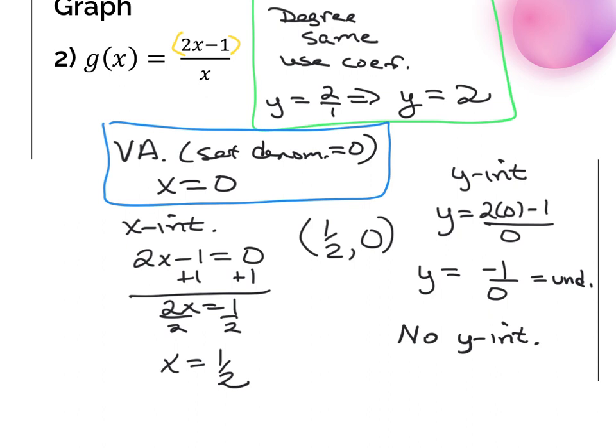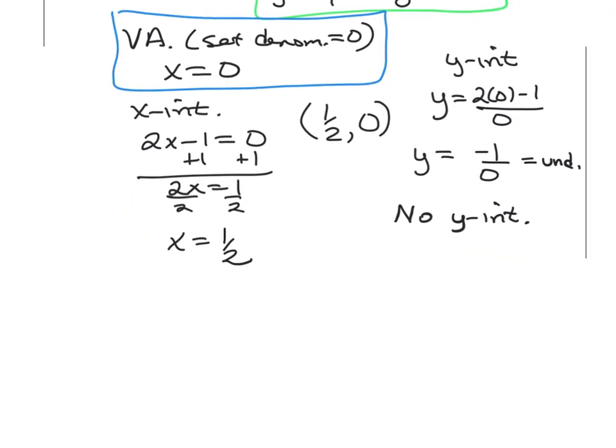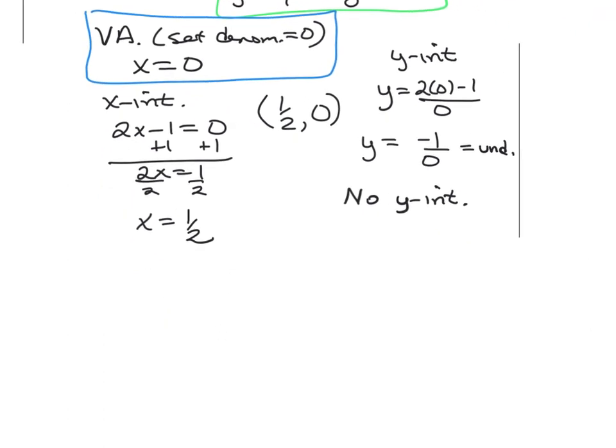Now let's graph the asymptotes, and I'll graph the x-intercept. Then I'll look for additional points. So again, let me make my coordinate plane, and then I'll make my table of values. So I have my horizontal asymptote at y equals 2.